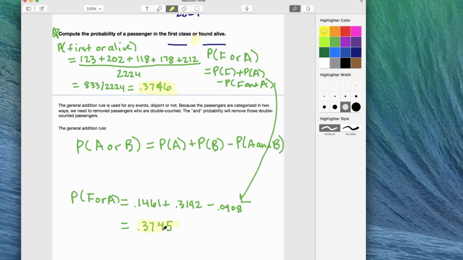When we use the general addition rule, we got 0.3745. There's a little bit of rounding error out there at that fourth decimal place, but virtually the answers are the same. So this example is there to show you that with a table like this, we can use our intuition. That was the first way I solved the problem, and just add up all the counts of the people who met the qualities. Or I can use the addition rule where I add the single probabilities and then subtract out the overlap.